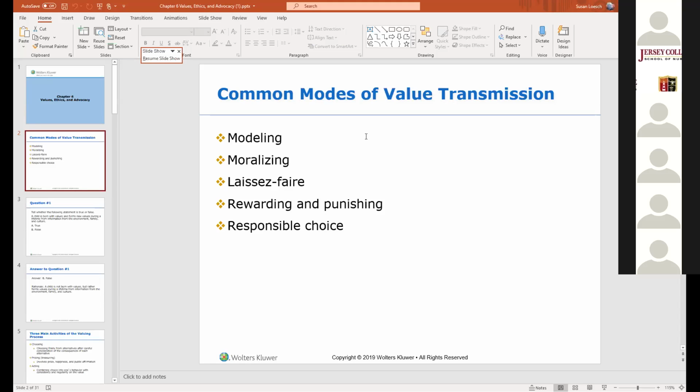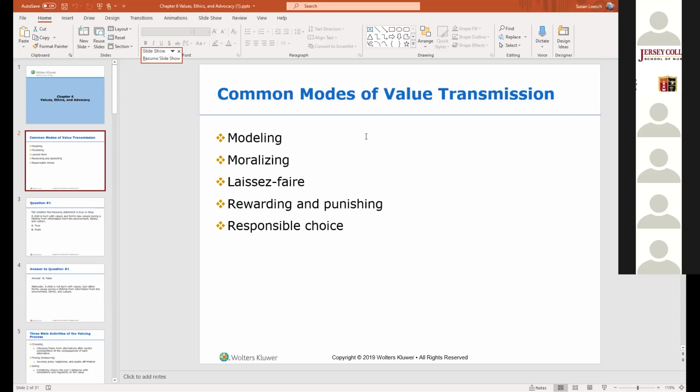Morals, these are ethics, and we're concerned with ethics in nursing, ethics about what constitutes right and wrong. Laissez-faire is when we take a stance back and we allow other people to make decisions for themselves.